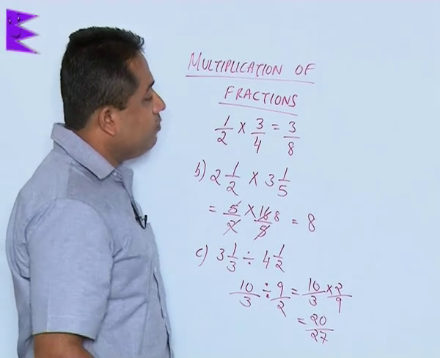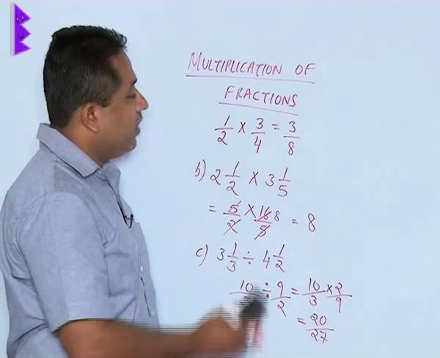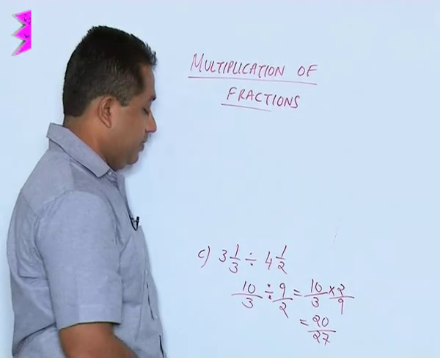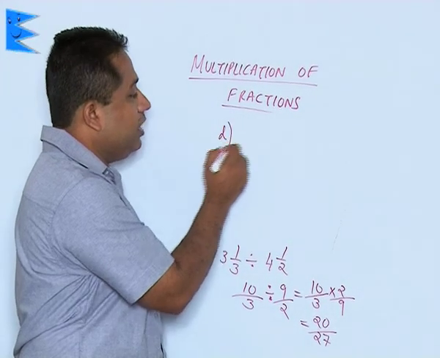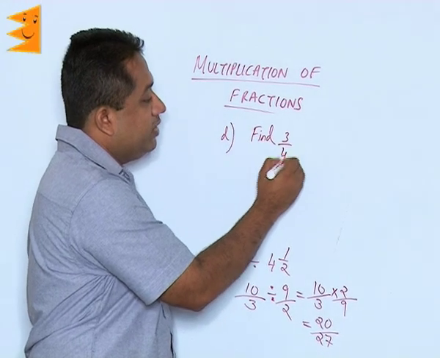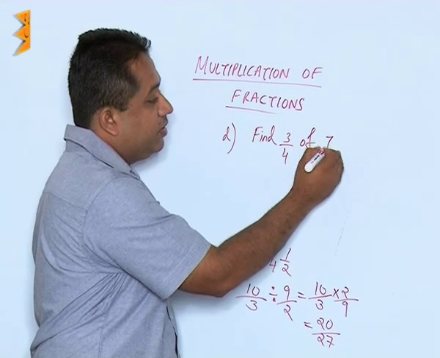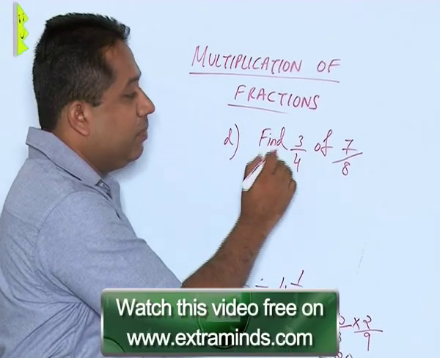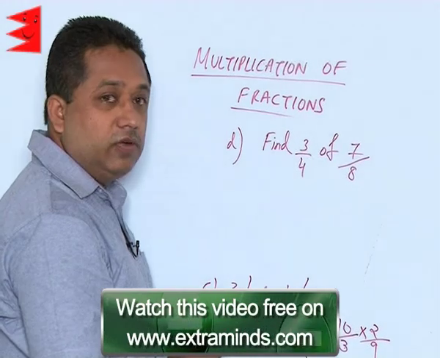Now, in some questions they will also say find 3 by 4 of 7 by 8. Now, what is the meaning of that? Find 3 by 4 and this word will be written of 7 by 8. This simply means again we have to multiply the two fractions given to us.